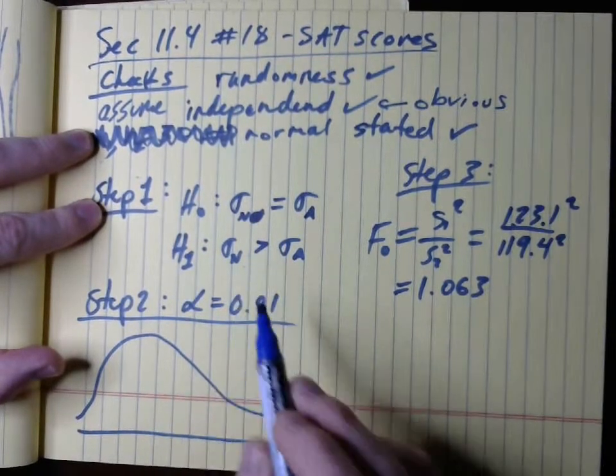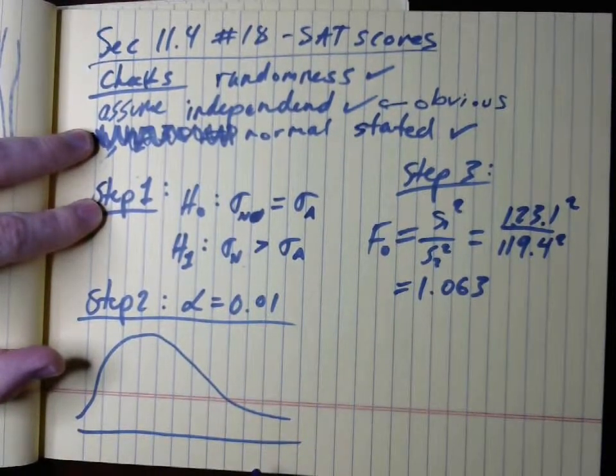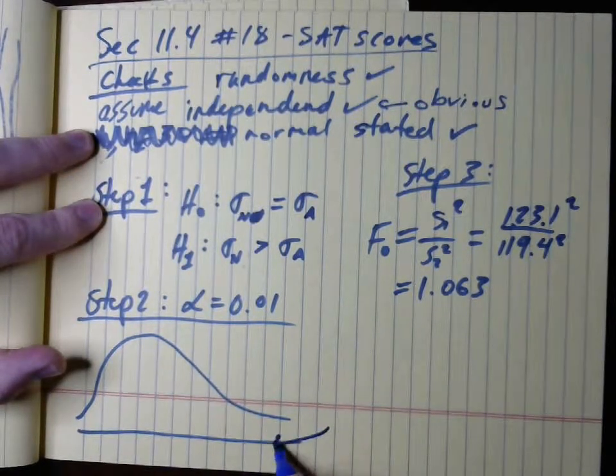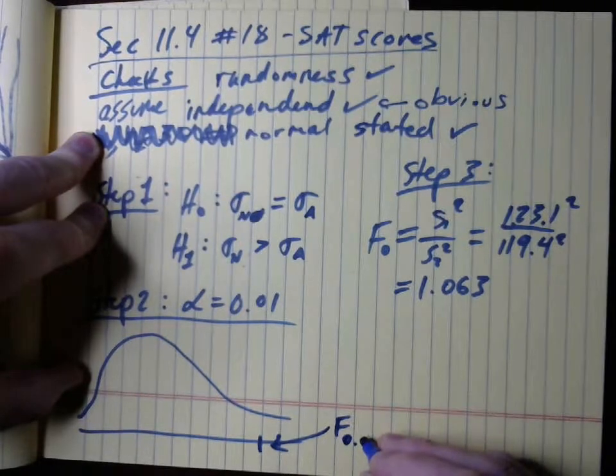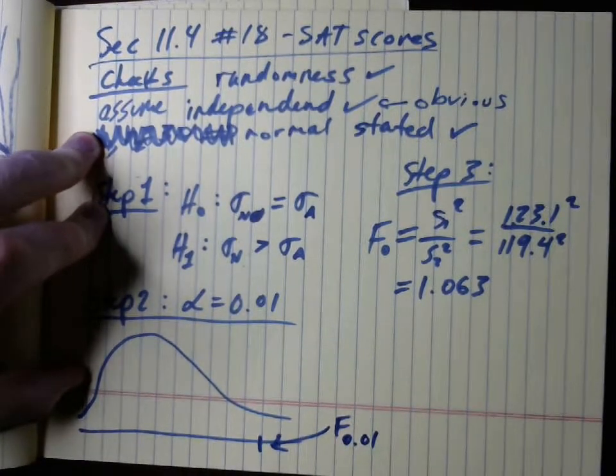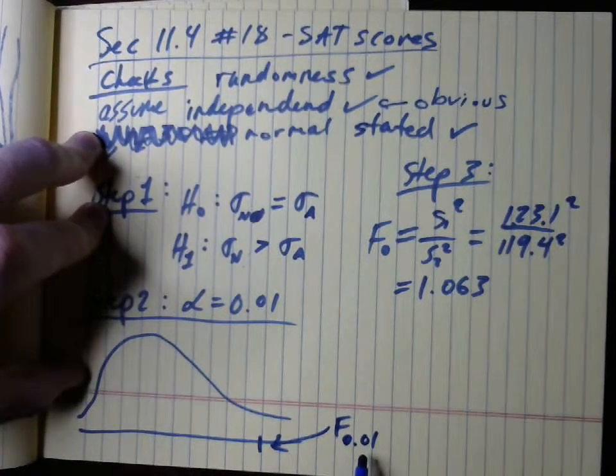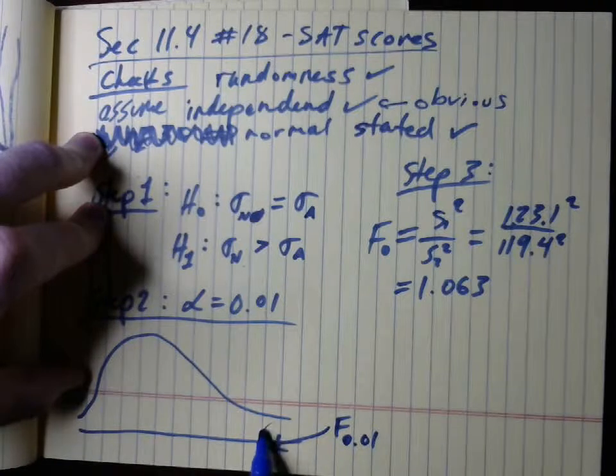So what we have here is a right tail test. We want to figure out F sub 0.01, and with a left tail test, it would be 0.99, because it's the area to the right.